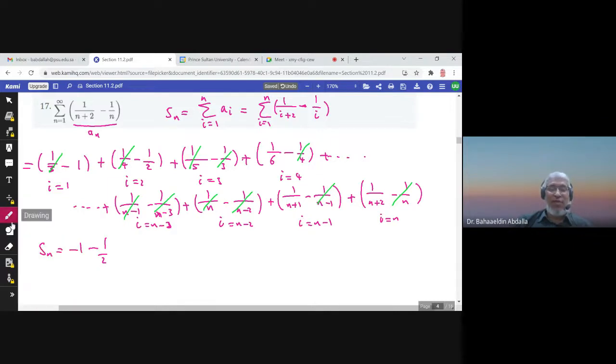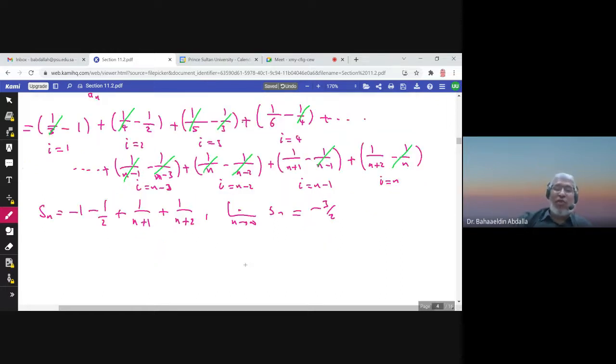So Sn, in fact, is negative 1 minus half plus 1 over n plus 1 plus 1 over n plus 2. And now, when I find the limit of Sn when n goes to infinity, these two will go to 0 because 1 over infinity is 0. And the limit would be negative 1 minus half, which is negative 3 over 2.